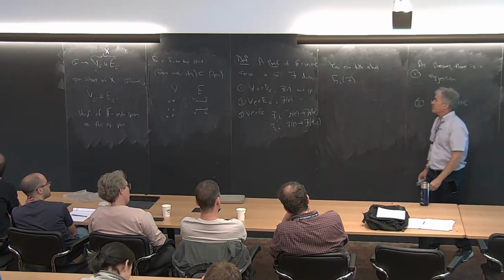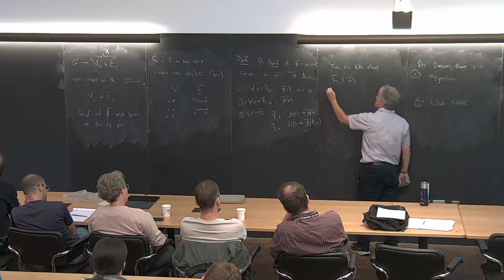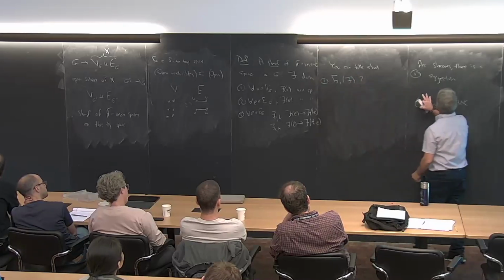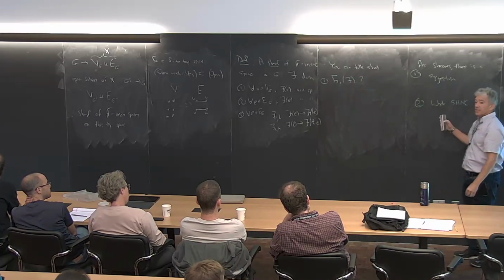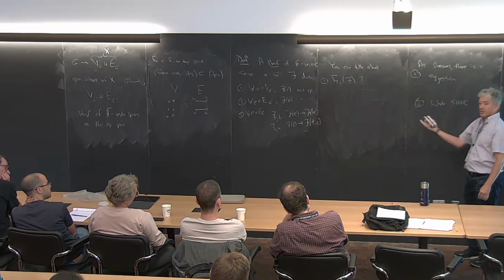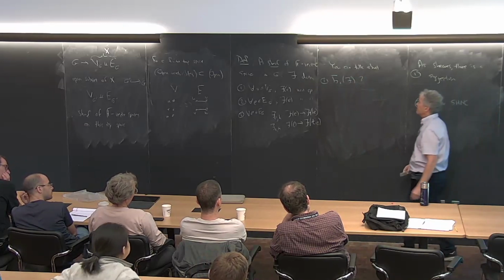This is a slightly more involved definition. But more importantly, you can find a surjection in graph theory for the sheaves associated, where there isn't one for the graph.